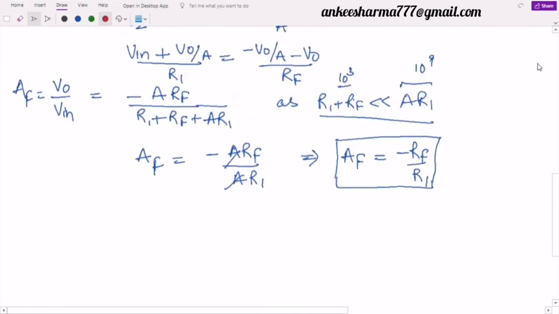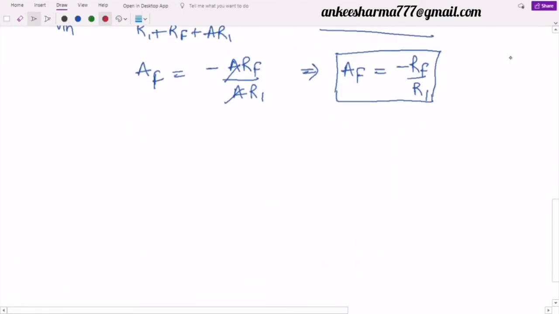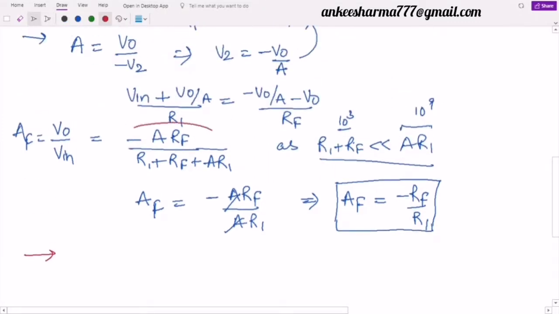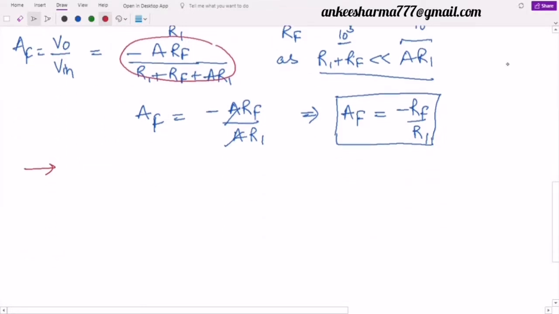Now to further rewrite this and to get a few more conclusions, I will rearrange these terms of AF, as we have done in the previous case. So I will write here that AF will be equal to minus A times of RF. I will divide the numerator and denominator with the value of R1 plus RF. Why I will do that, you will come to know now.